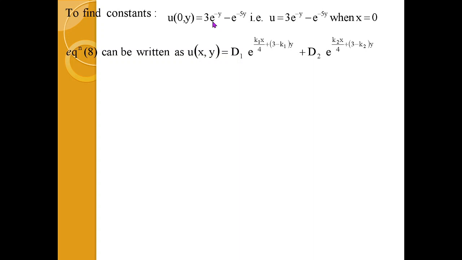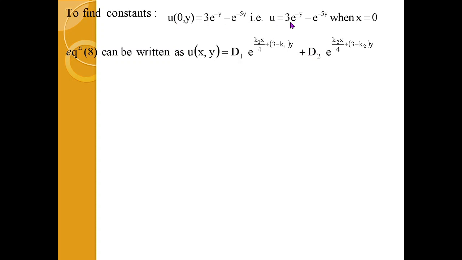Why? Because here we have two terms in the general solution, so we need two terms in this general solution of u of xy. So I will just assign suffix 1 for the first term and suffix 2 for the second term in equation number 8 according to the principle of superposition. So this is what we have obtained by principle of superposition.